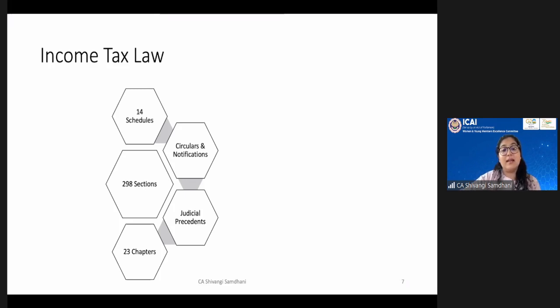Thereafter, in that order, we have the High Court. Talking about the jurisdictional High Court, as I am from Jaipur, the Rajasthan High Court is my jurisdictional High Court. Whatever decision the Rajasthan High Court gives will have binding force on all the assessees in Rajasthan. The decisions of other high courts will have persuasive value. It will not be 100% binding. We can refer to it, but if the Rajasthan High Court says otherwise, then that will prevail.